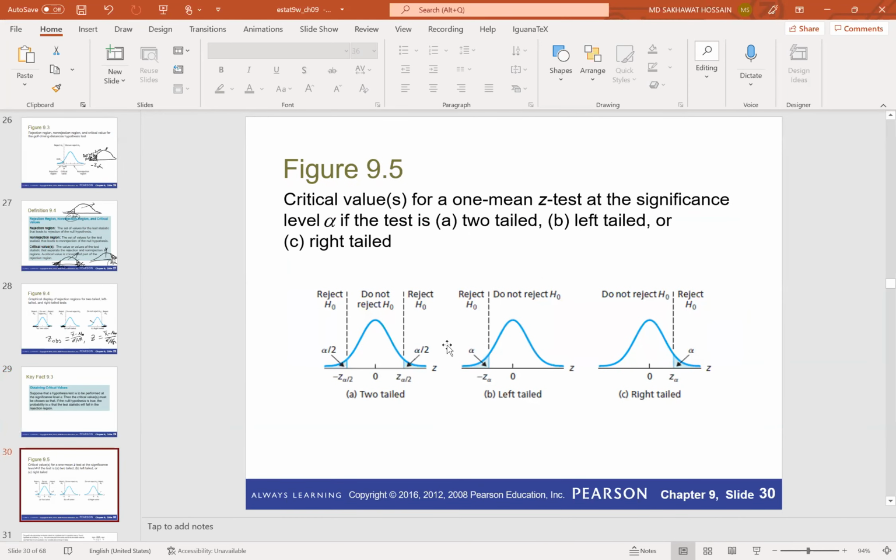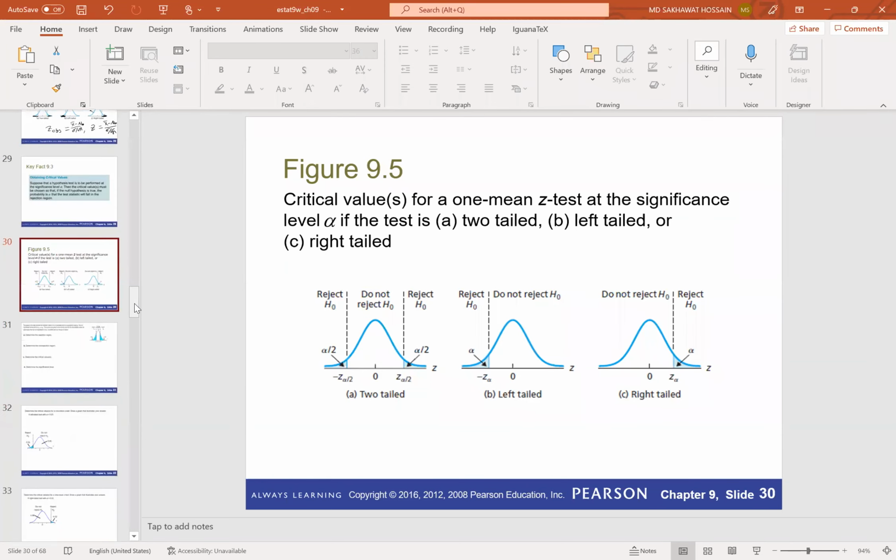So here, this is the same thing, the rejection region for left tail, right tail, and two tail tests for a given alpha. This is for right tail, this is positive Z alpha. For left tail, this is negative Z alpha. And for two tail, this is negative Z alpha over 2 and Z alpha over 2. So you need to remember this.